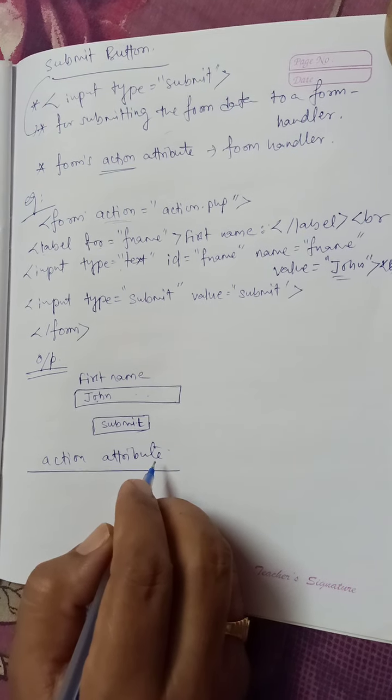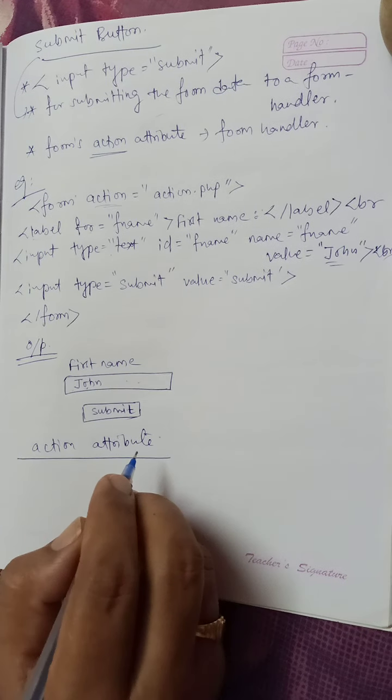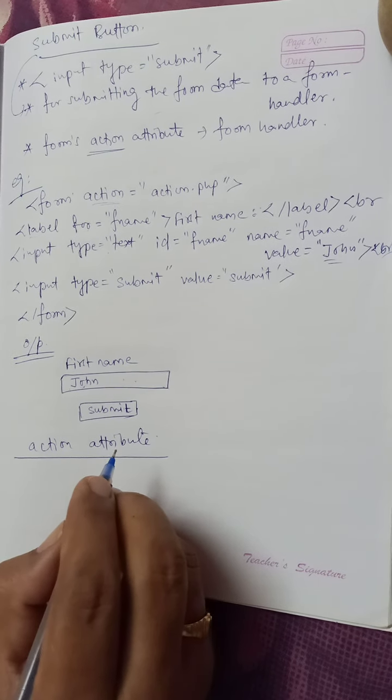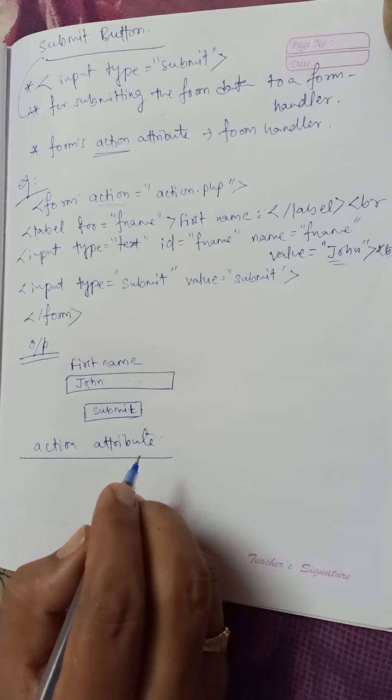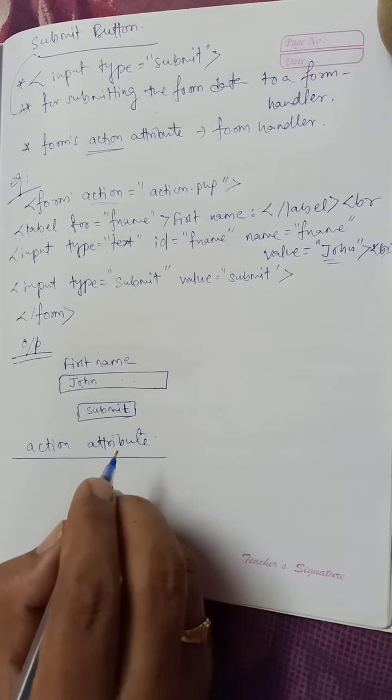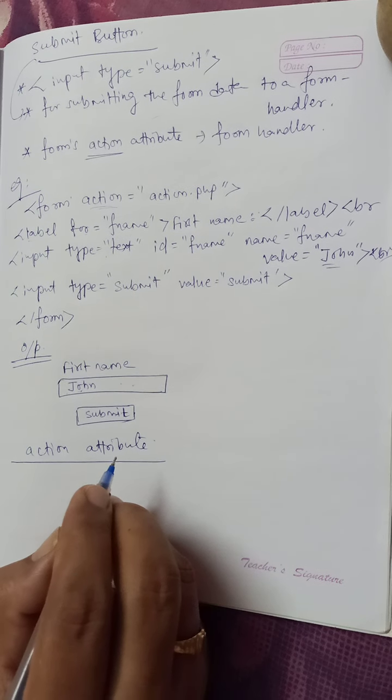It defines the action to be performed when the form is submitted. Usually, the form data is sent to a page on the server when the user clicks on the submit button.